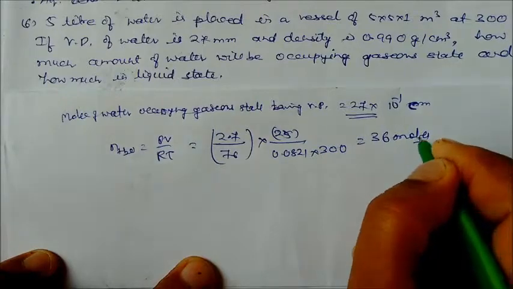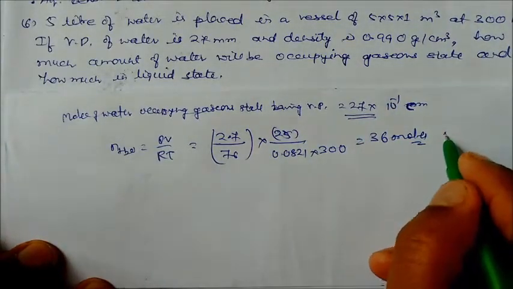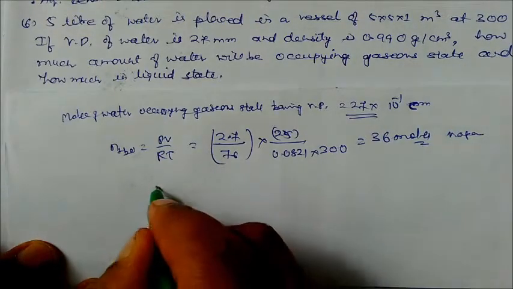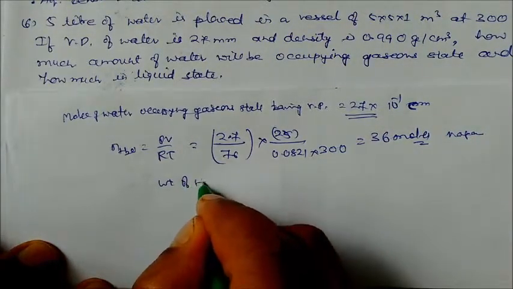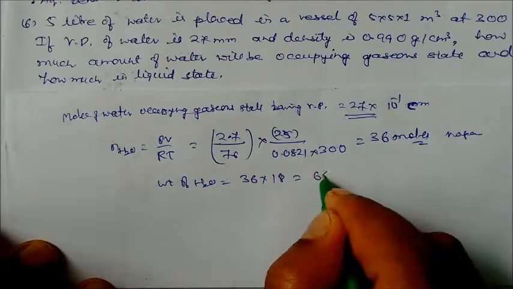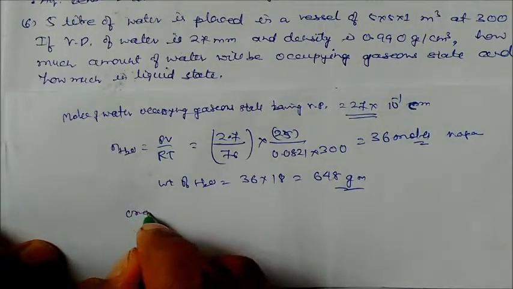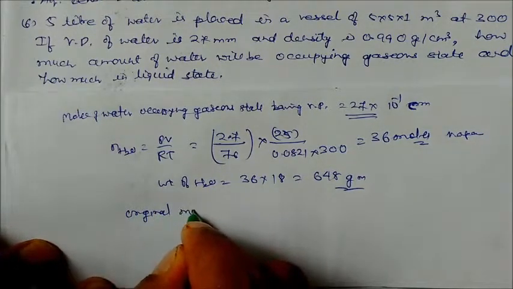So this is the water present here in vapor form. The weight of water will be 36 into 18, that is 648 gram. Now what is the original mass of water?